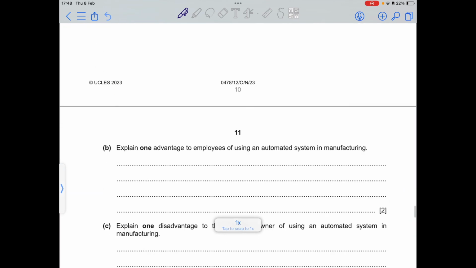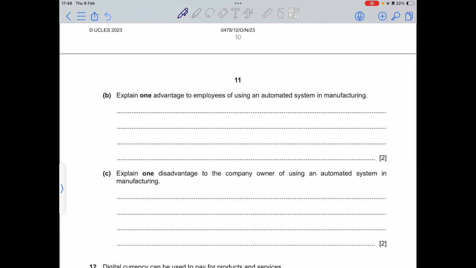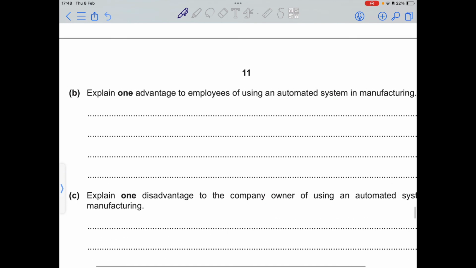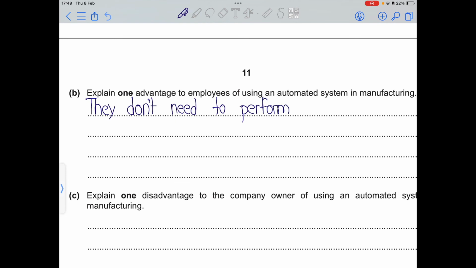The next question is, explain one advantage to employees of using an automated system in manufacturing. It's basically that they do not need to perform boring tasks.